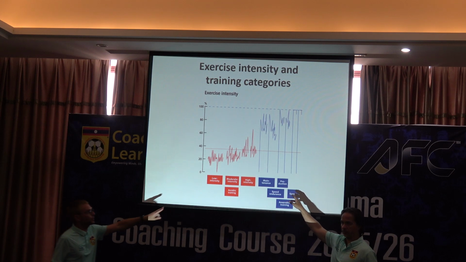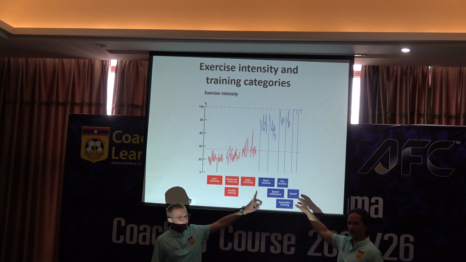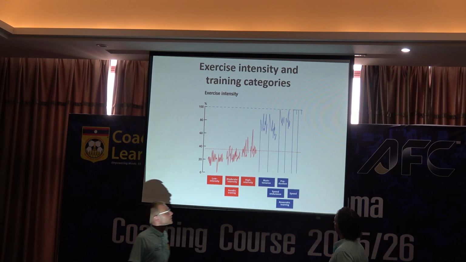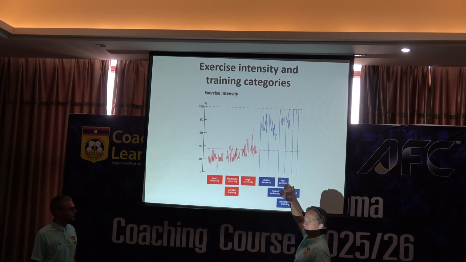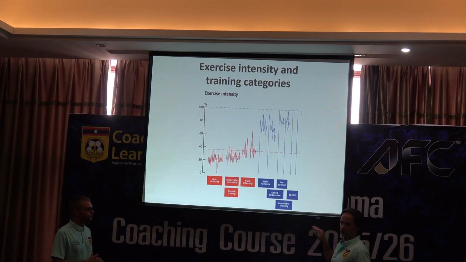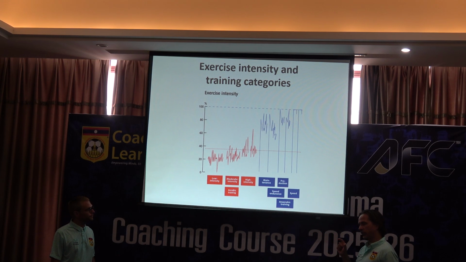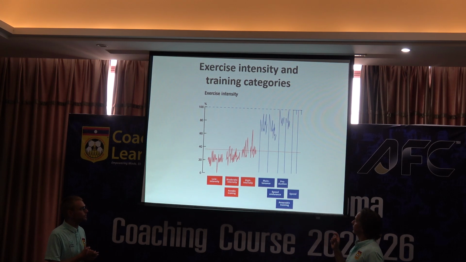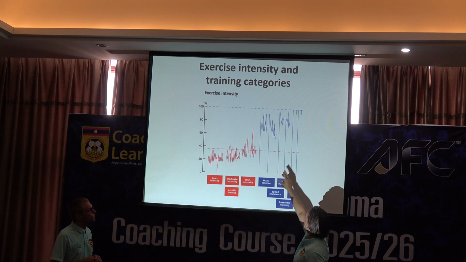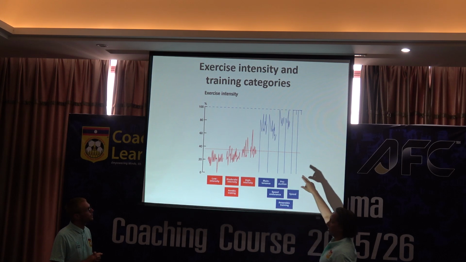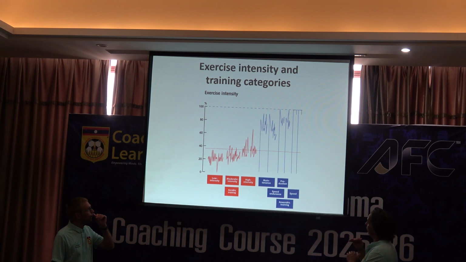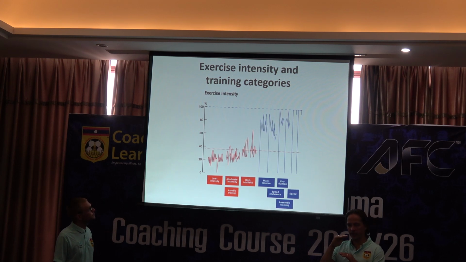All of these blue ones relate to anaerobic training, but we will explain the details of these four. These two training categories are training different things physiologically. This is why we need to conduct them in a different manner. So speed endurance maintenance, you can see that the intensity range is much wider than when we speak about speed endurance production training, where it's very narrow.